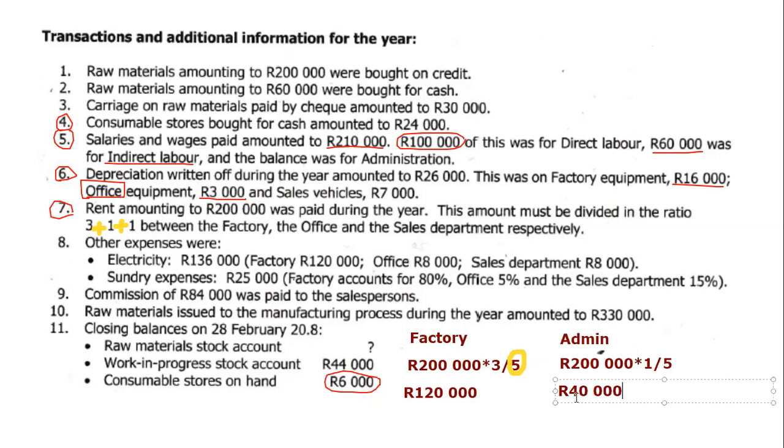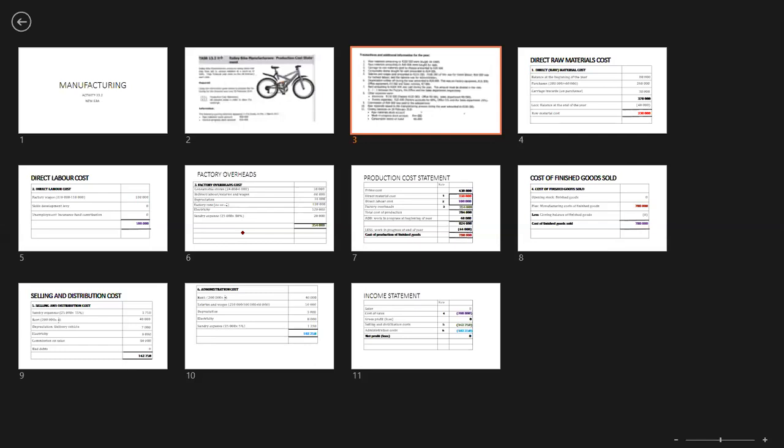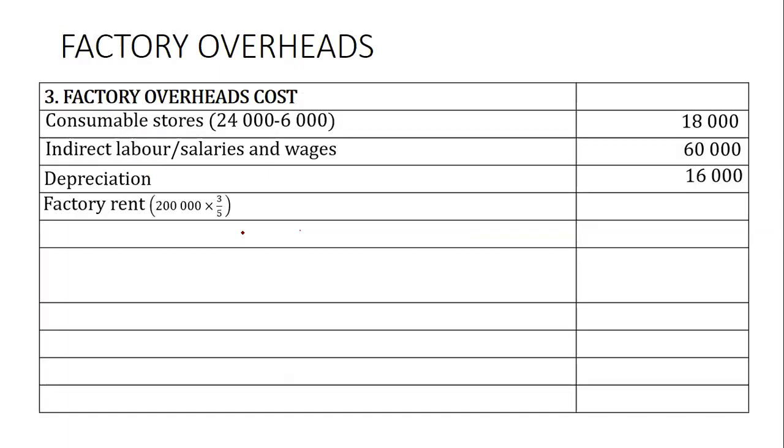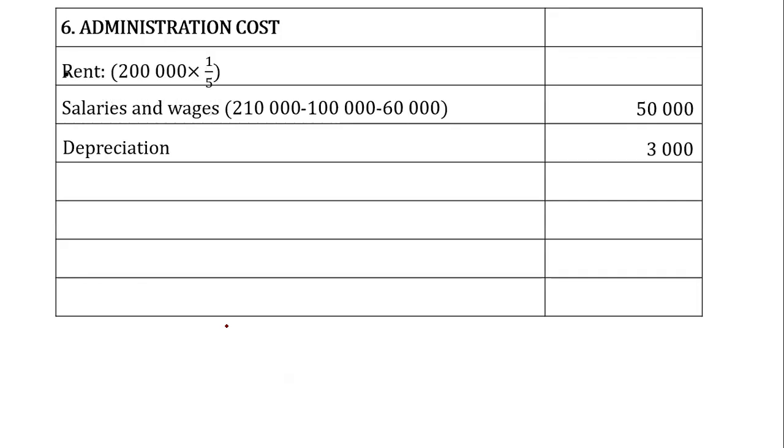We're still good. Now, that is why when you go to factory overheads, under factory overheads, you will have factory rent, which is 120,000, and under admin, you will have rent for office, which is 1 over 5, and that will give you that 40,000.